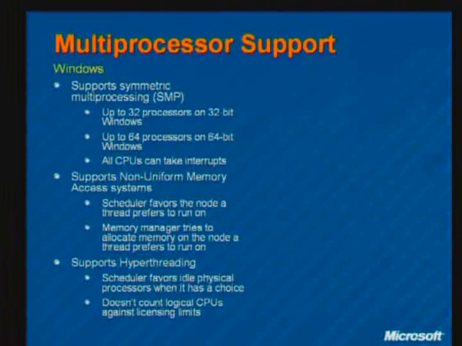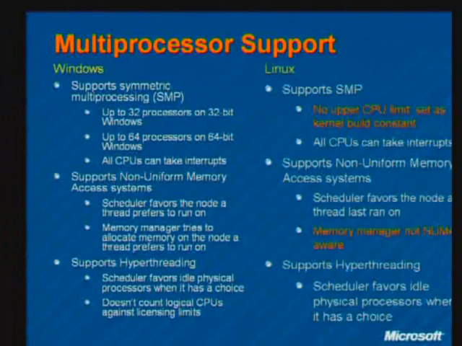Now, the scheduler, when it has another thread to execute, has a choice as to which of these three logical idle CPUs it can schedule that thing on. And what you don't want to have the scheduler do is to schedule it on that second logical processor of that physical one that's already busy, because then that thread's going to be competing with that other thread that's already running. You want the scheduler to put it on that second physical processor that's totally idle. So the scheduler has some smarts about hyperthreading built into it.